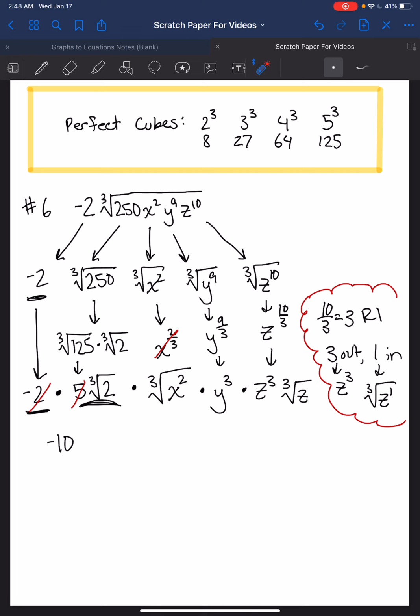Okay, letters next, alphabetical order. We have y and z, so y is going to go first. y cubed. Next, I'm going to steal that z cubed. All right, we have cube roots left. So we're going to make these one radical.